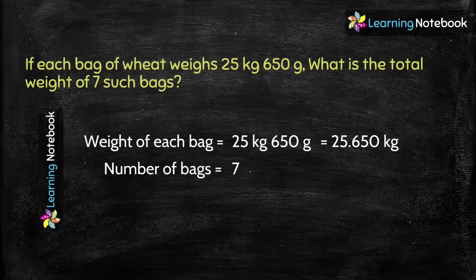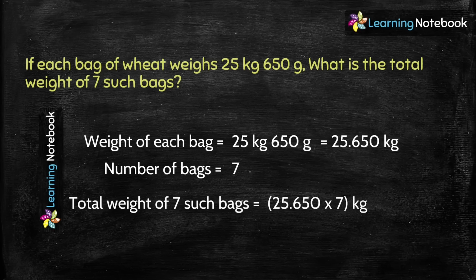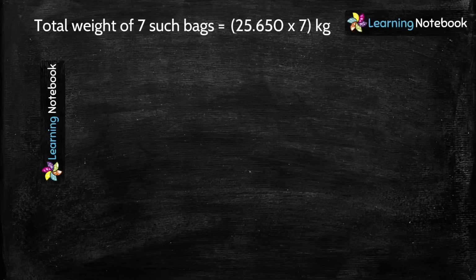And number of bags equal to 7. So total weight of 7 bags would be 25.650 multiplied by 7. So we will multiply this decimal number just like whole numbers.